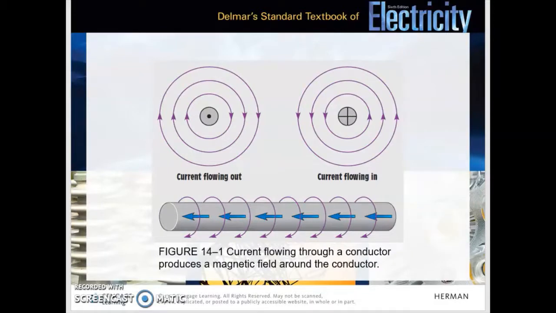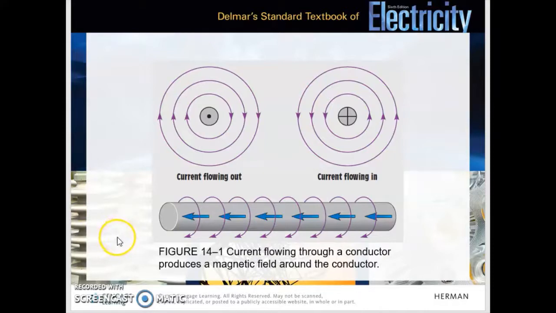So in this slide, basically this is a conductor, think of it as a copper wire, and the arrows are indicating that current is flowing through the conductor. We're just going to take a quick second here and talk about what is current and also what is voltage.